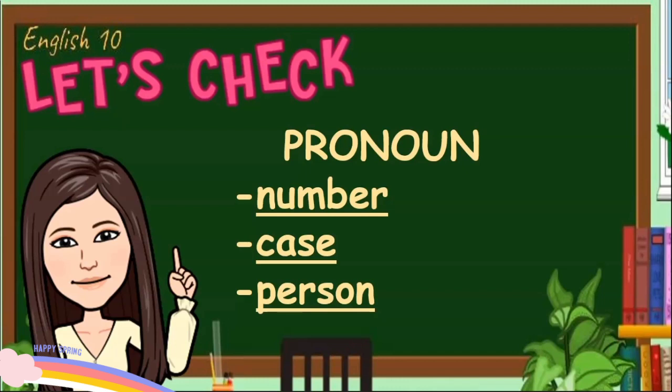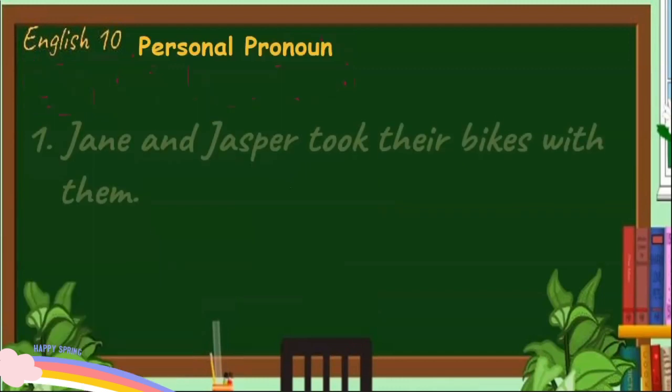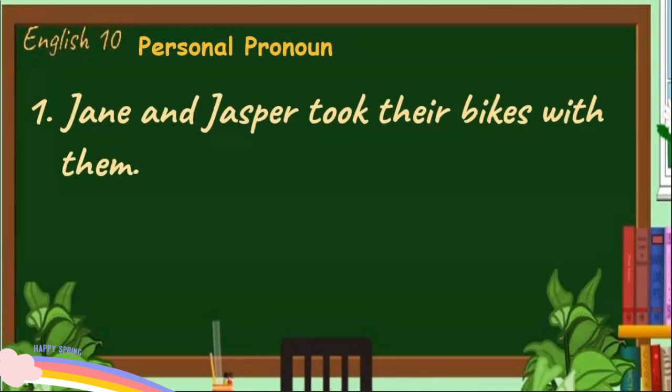Okay? So for the first sentence, Jane and Jasper took their bikes with them. In this sentence, there are 2 pronouns, right? The first pronoun is their. Very good. Their bikes. So we will underline the pronoun their. So in terms of number, this is plural in form.